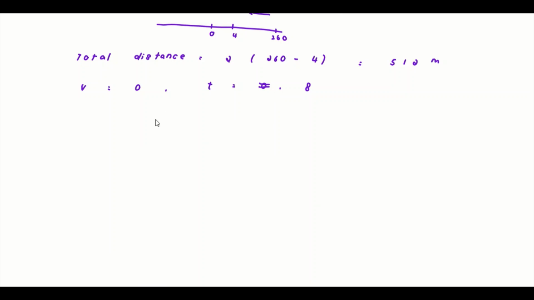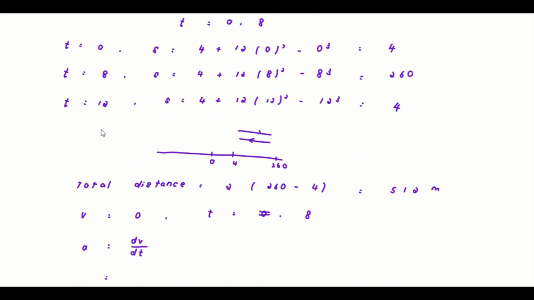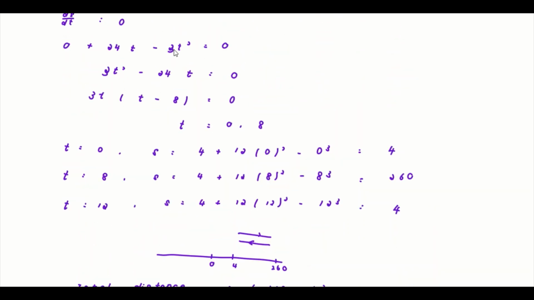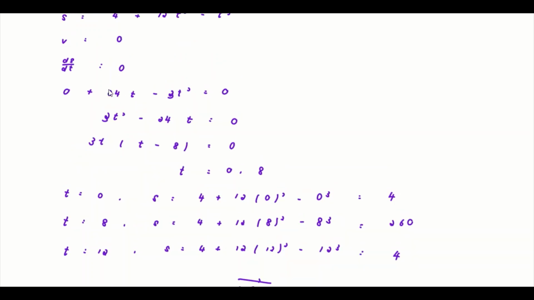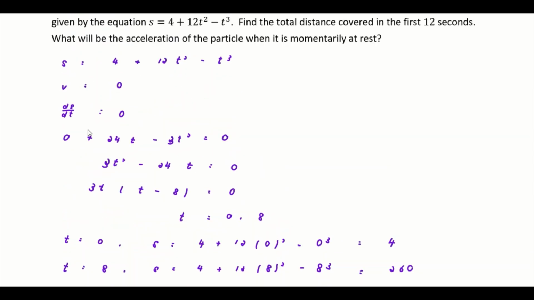So what we are going to do is to find a first. a is the derivative of velocity over time. So by differentiating my velocity equation just now, I'm sorry, I should refer to the ds/dt, this one.